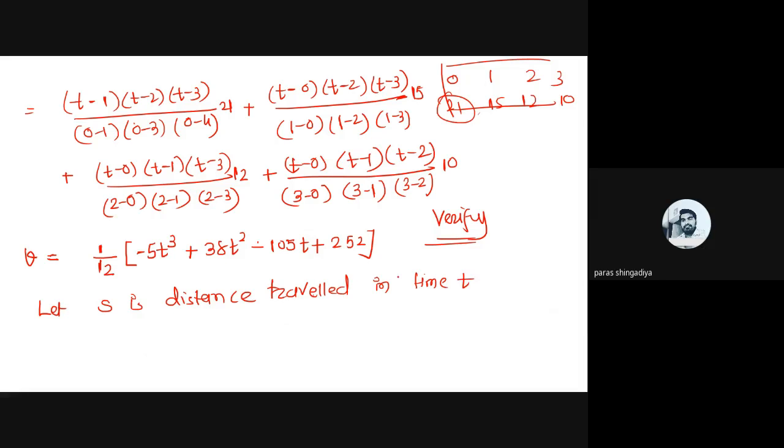Velocity is equal to ds by dt. That is one formula of physics. The velocity follows this rule, this derivative ds by dt. And we have ds by dt, meaning the velocity, equal to 1 by 12 times minus 5t cube plus 38t square minus 105t, and plus 252.